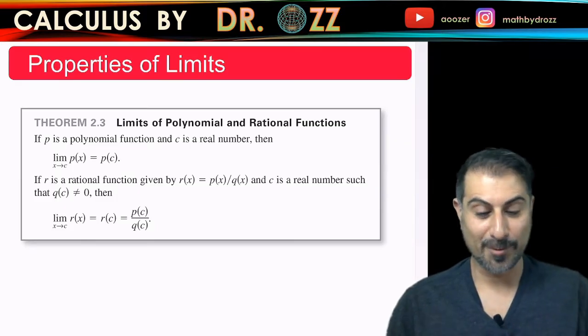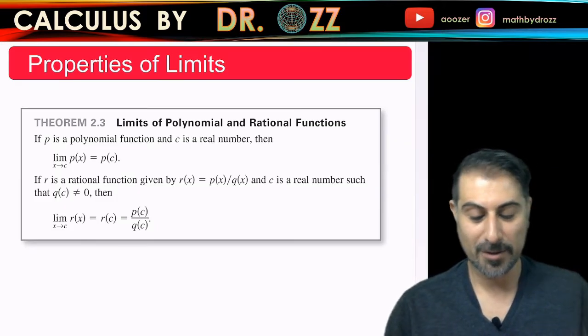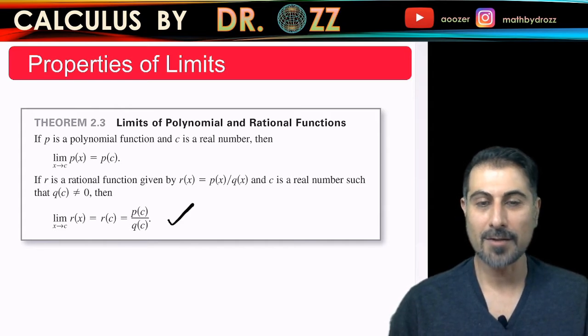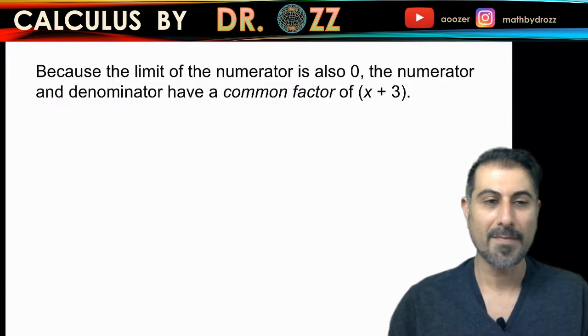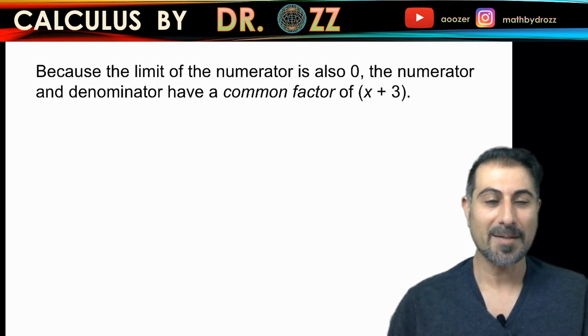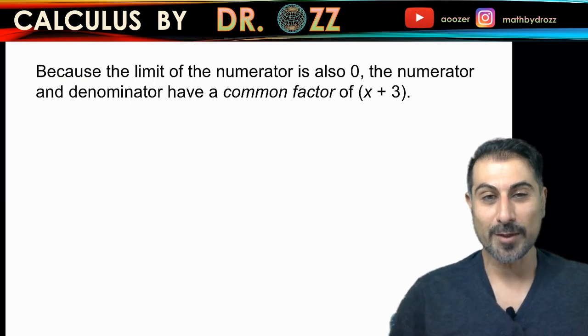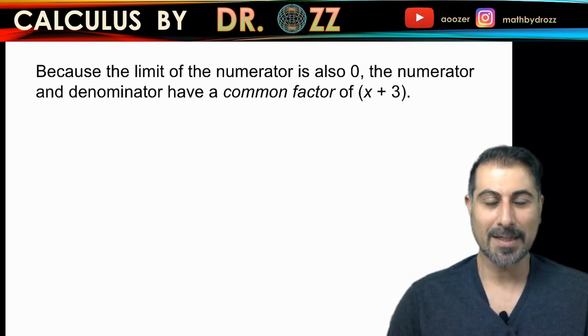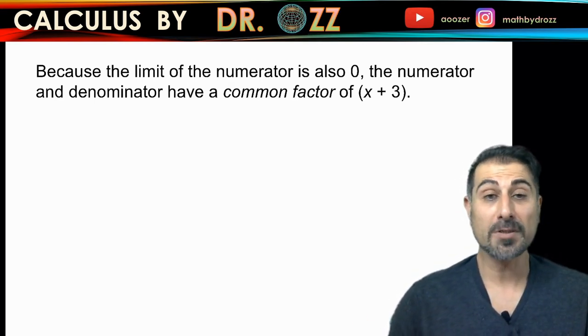In other words, Theorem 2.3, direct substitution to evaluate the limit of rational functions, fails to apply for our problem. Here the problem is that not only the denominator becomes 0, but the numerator becomes 0 at the same time. That's why you have a 0 over 0 type indeterminate form.